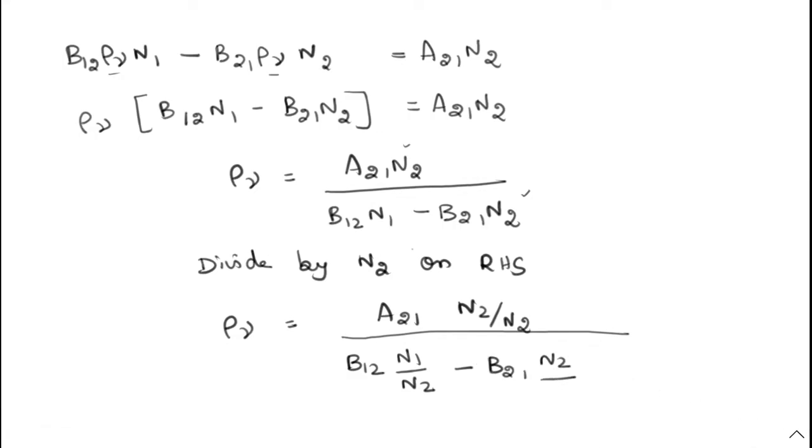So now what will happen? Here N2 N2 cancelled, here also N2 N2 cancelled. So in the numerator what remains is A21 divided by B12 N1 by N2 minus B21. So this I am considering equation number 4, right?